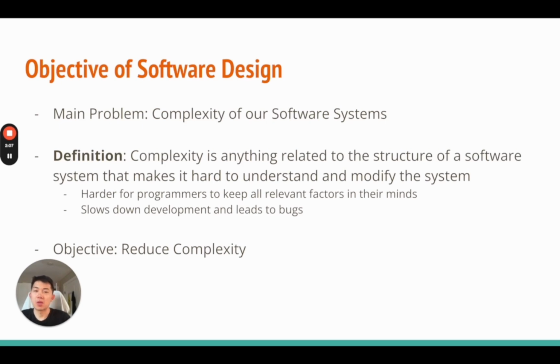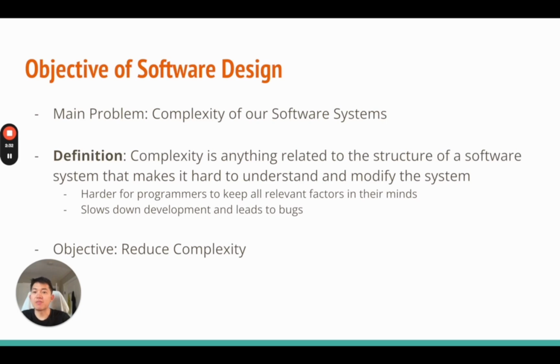So it's not about how complicated the software features or the code are. It's more about how difficult it is for programmers to keep things in their mind, and for a new programmer to dive in and just get started making changes.